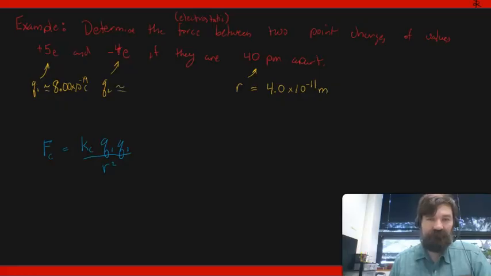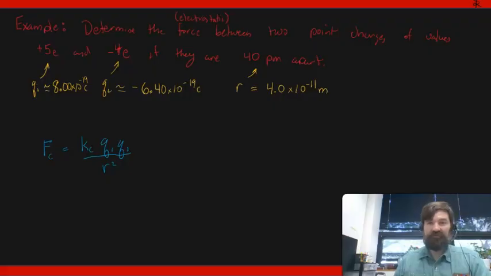This one is negative 4 times 1.6 times 10 to the minus 19. So this one ends up being negative 6.4 times 10 to the minus 19 coulombs.